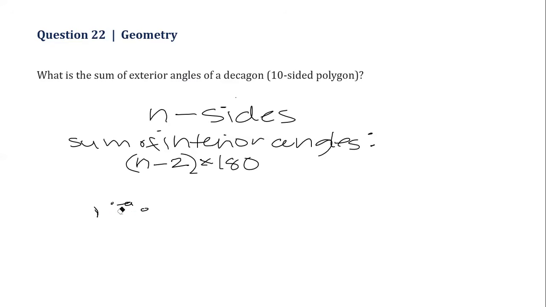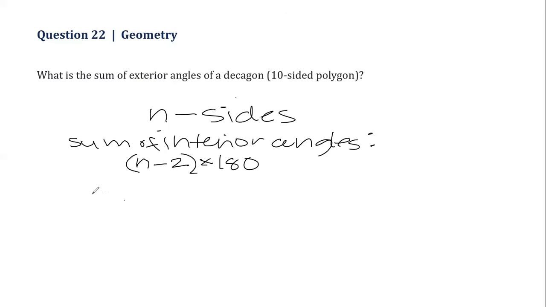So let's consider the n sides first. This is the sum of the interior angles, and then you extend a line and get the exterior angle.